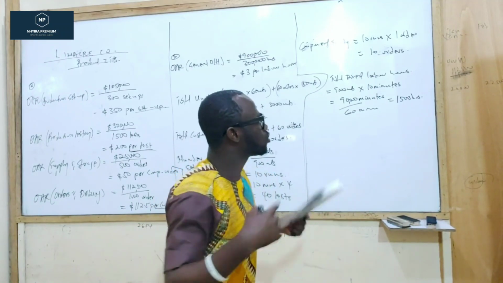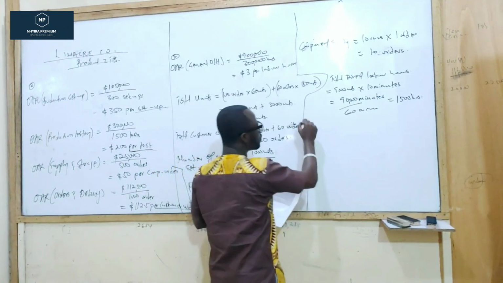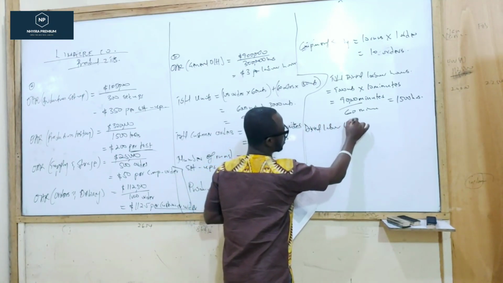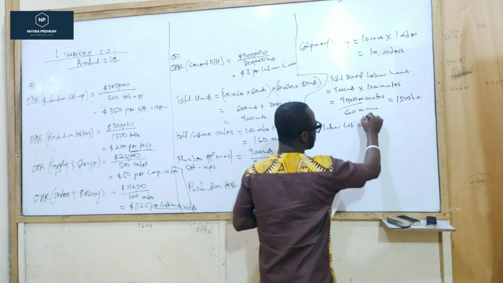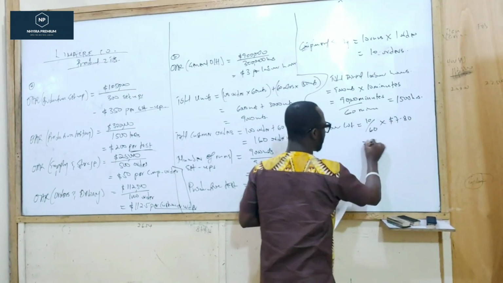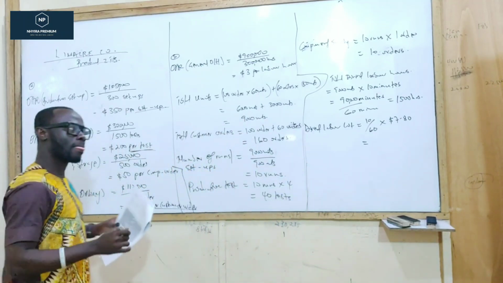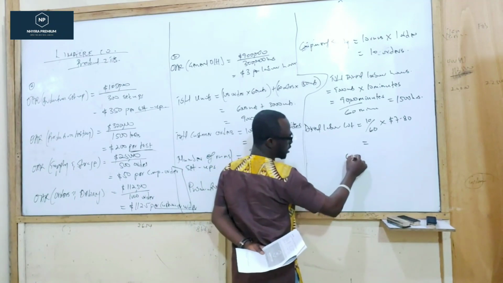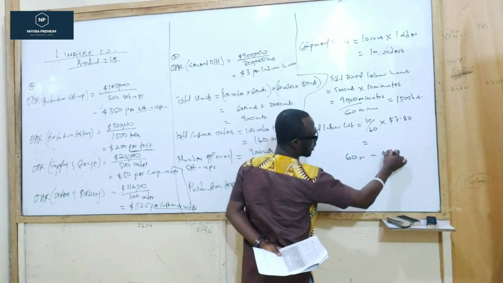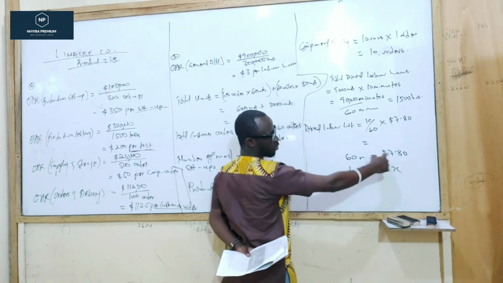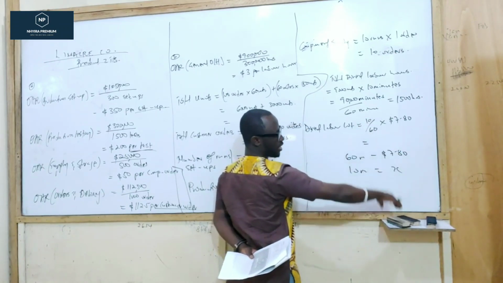So to get our direct labor cost, it's going to be 10 over 60 times 7.80. Do you agree with me? Because if 60 minutes equals 7.80, then 10 minutes will be equal to what? That's why we are dividing. So what do I get?